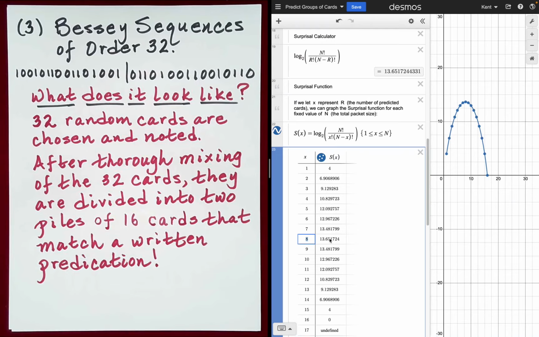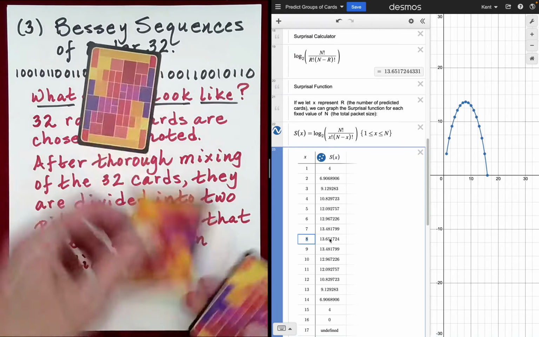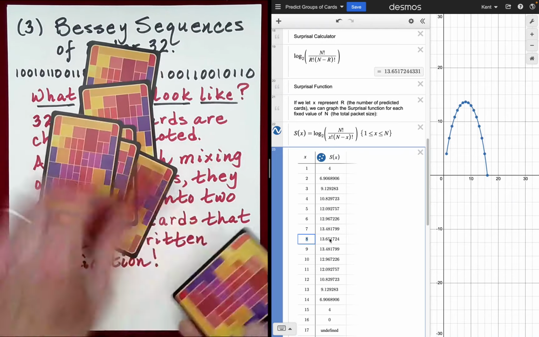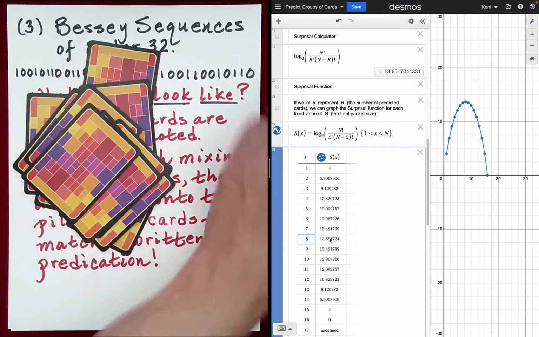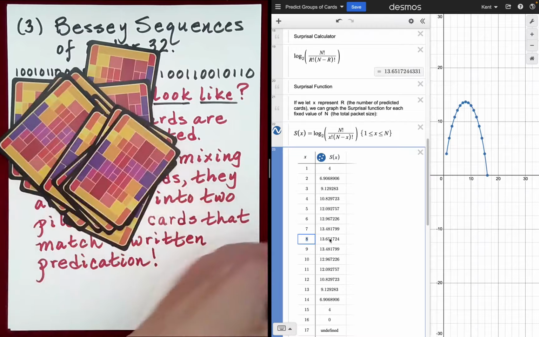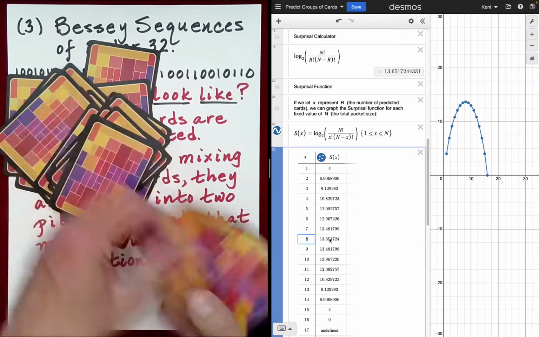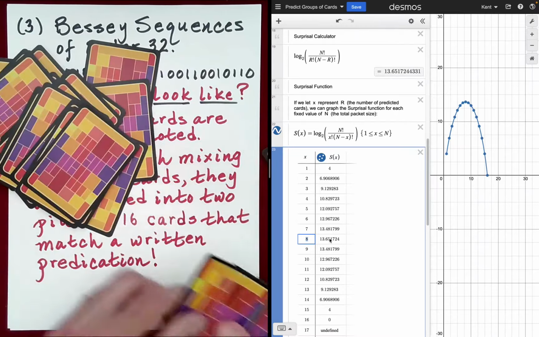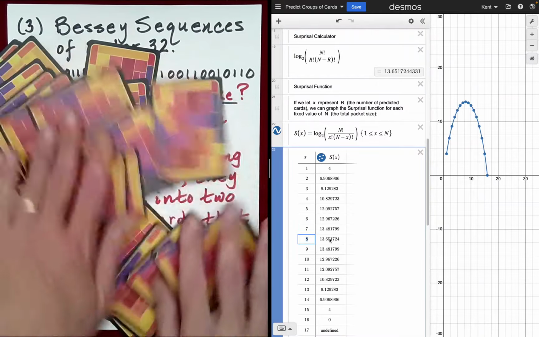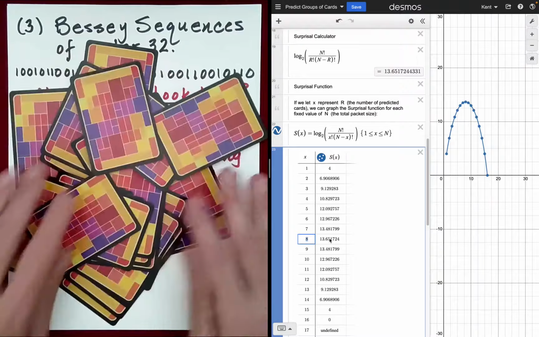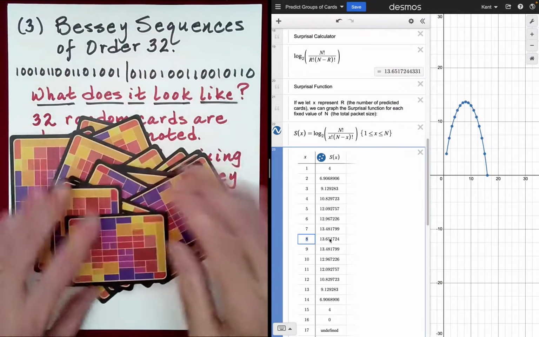So we just need 32 random cards. 1, 2, 3, 4, 5, 6, 7, 8, 9, 10, 11, 12, 13, 14, 15, 16, 17, 18, 19, 20, 21, 22, 23, 24, 25, 26, 27, 28, 29, 30, 31, 32. Okay, I believe that's 32 cards. Okay, so it's getting to be kind of big here, okay?